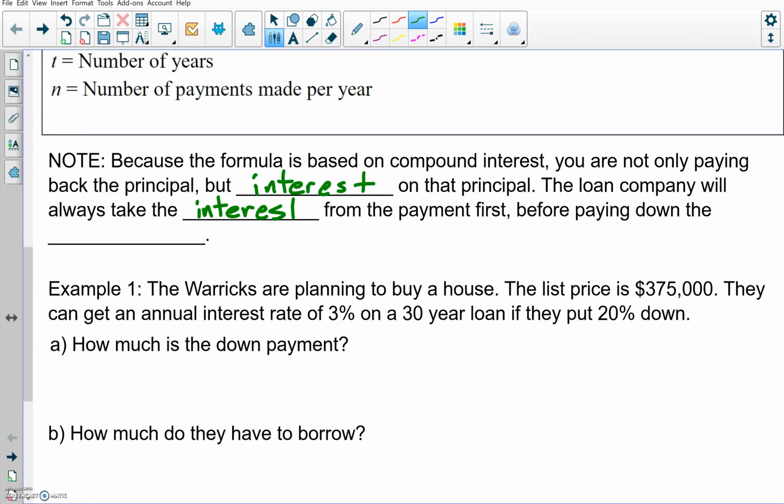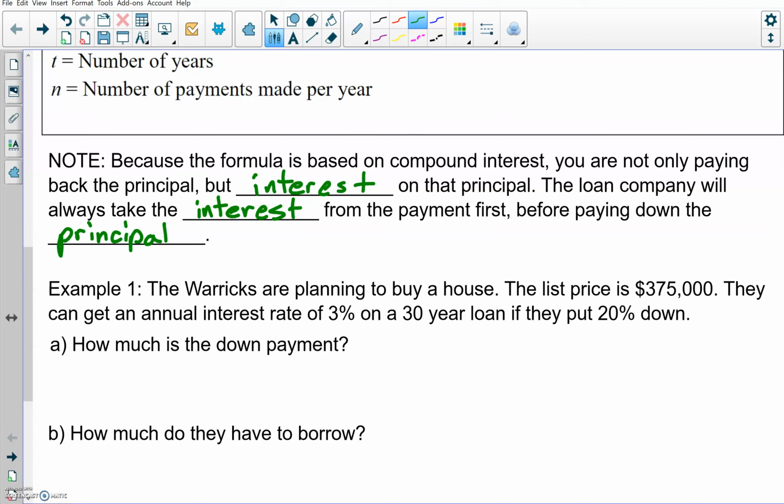This is why in home loans, if you look at how the payments are broken down, if you're paying $1,000, probably around $700 of that in the first payment is going to go towards interest. They just take their cut right off the top right away, and then whatever little bit is left goes to the principal. So they always take the interest before paying down the principal.